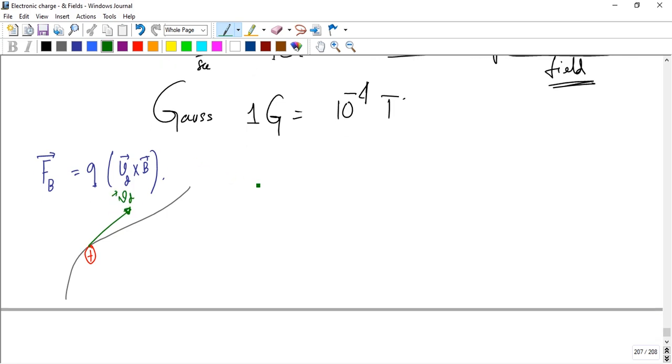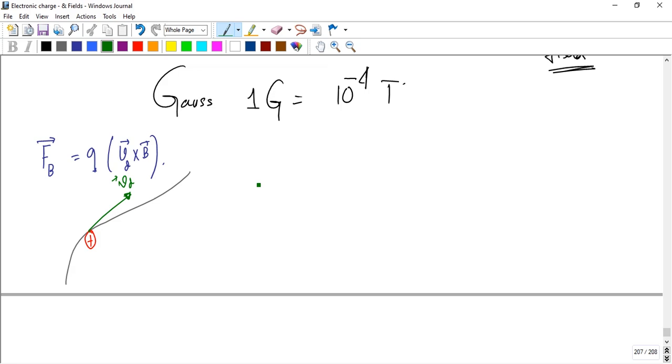Suppose the charge is dq and it is a proton. Consider a proton moving in that direction, so the current is in that direction, I.